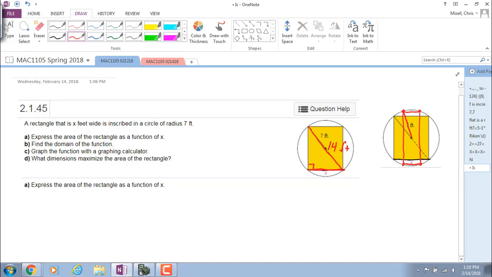And since it's a right triangle, we can use the Pythagorean theorem, and we can come up with the length of the other side of that right triangle.